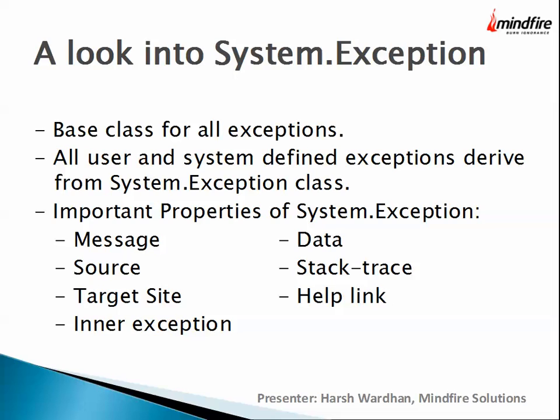We have a messed up environment where we have exceptions inheriting from both of the classes. So right now it doesn't have its meaning as clear as it was meant to be. So here are a few important properties of System.Exception.